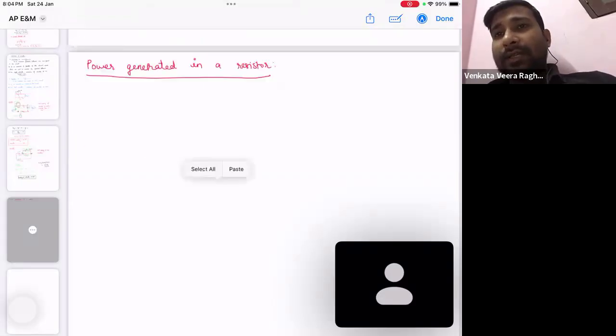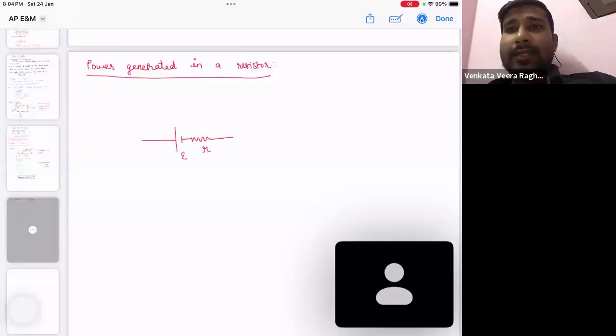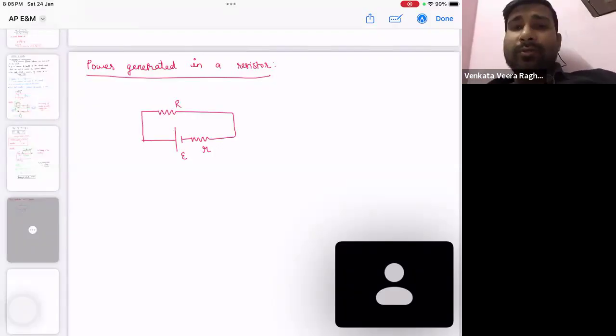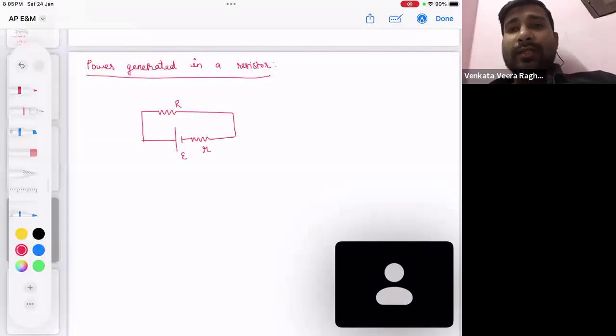Let's say a battery is there, which is the source of EMF. It has some internal resistance, and now it is connected externally to a resistor of resistance R. Current will flow in the circuit as the battery discharges.